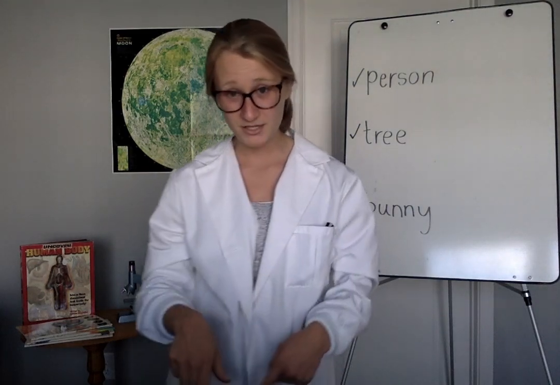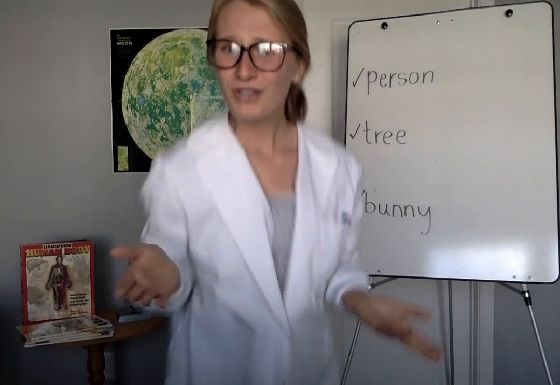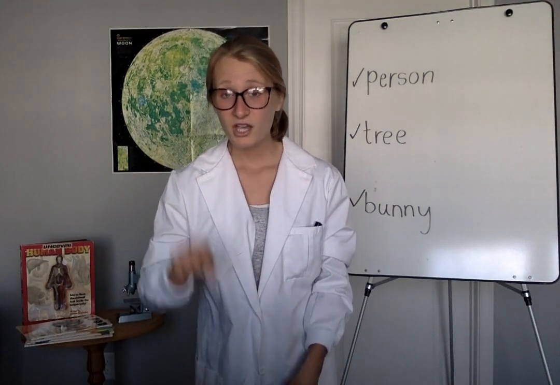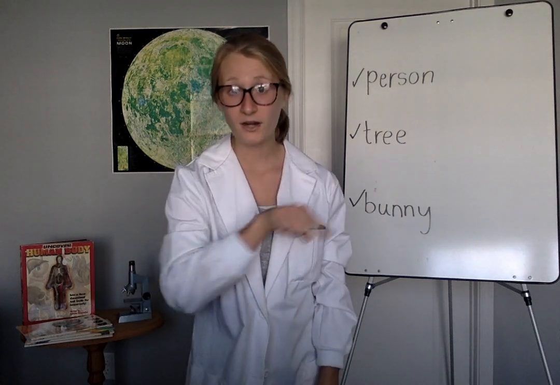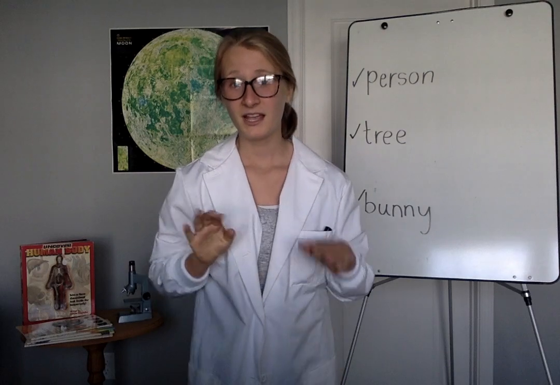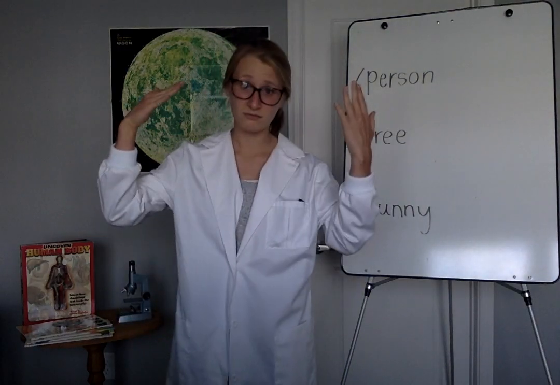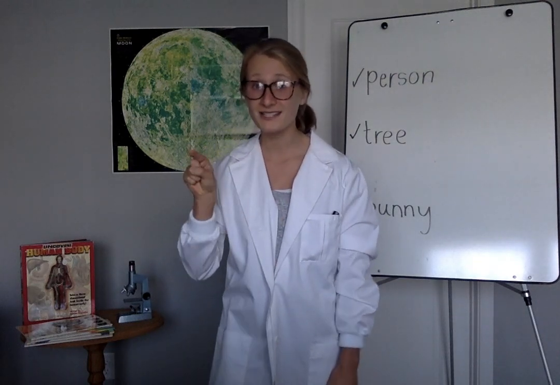So if that picture can grow and reproduce, then you know it's probably a living thing. In that case, you will drag the red circle and put it over living. If the picture is a picture of something that doesn't grow or doesn't reproduce, then you drag the circle onto non-living.